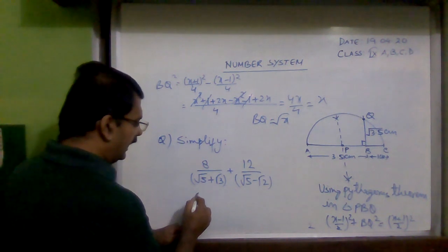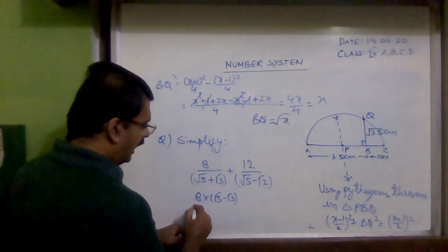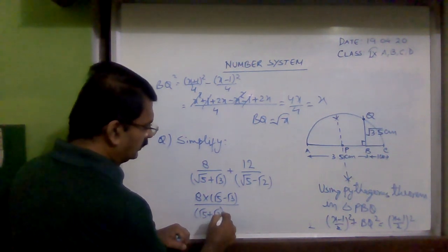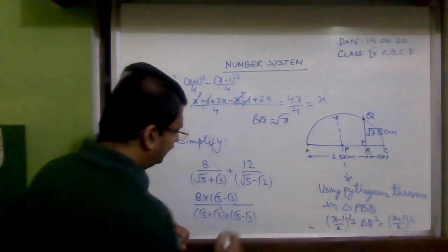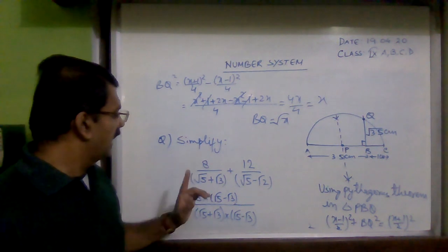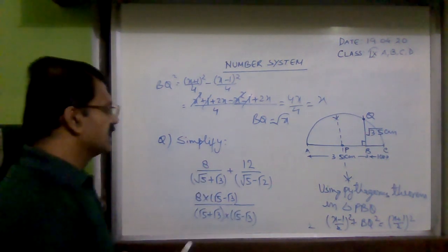Means 8 into root 5 minus root 3 upon root 5 plus root 3 into root 5 minus root 3. So we have multiplied both the numerator and the denominator by the rationalizing factor, which is root 5 minus root 3.